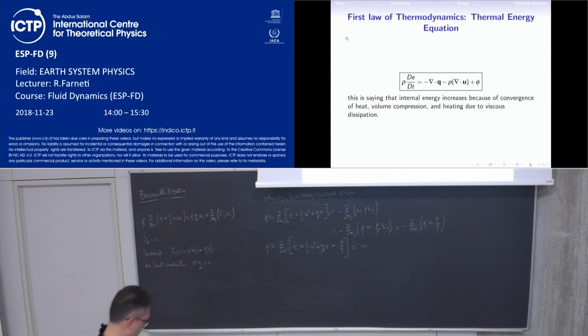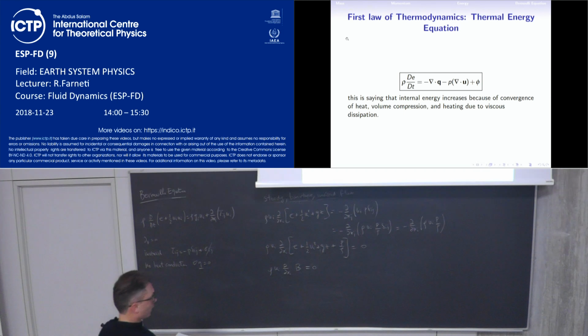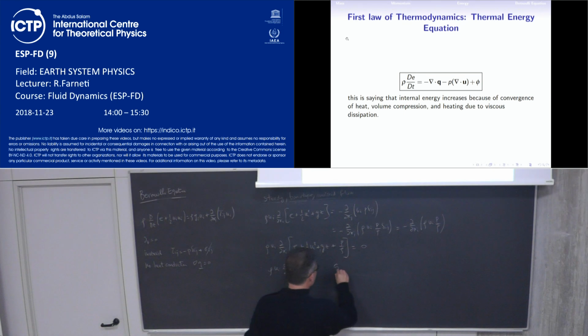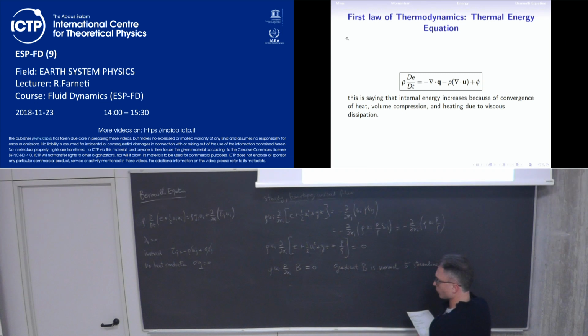Okay. So this is again my Bernoulli function, now with the internal energy. So this is telling me that the gradient of B, the gradient of my Bernoulli function, is normal to the streamline, of the direction UI.